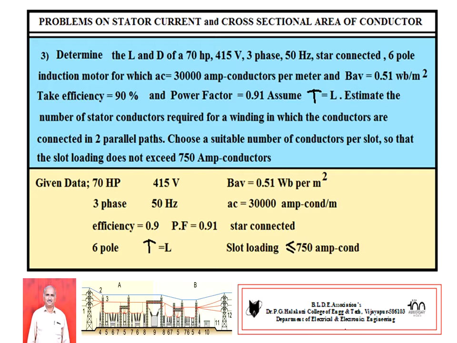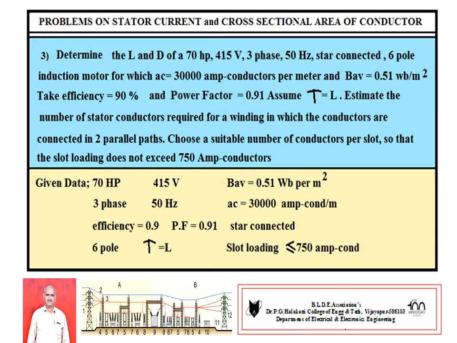Determine L and D of a 70 HP, 415 volts, 3 phase, 50 Hz, star connected, 6 pole induction motor for which AC equals 30,000 ampere conductors per meter and B average equals 0.51 Weber per meter square.